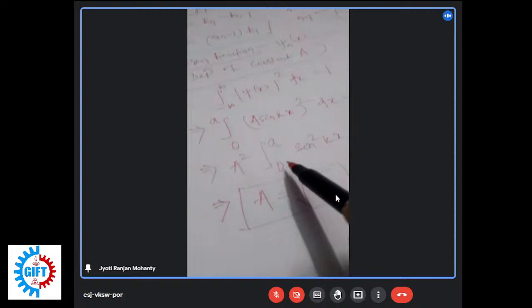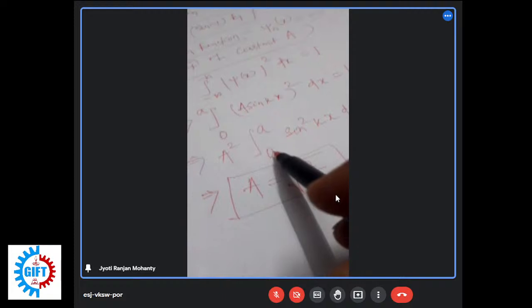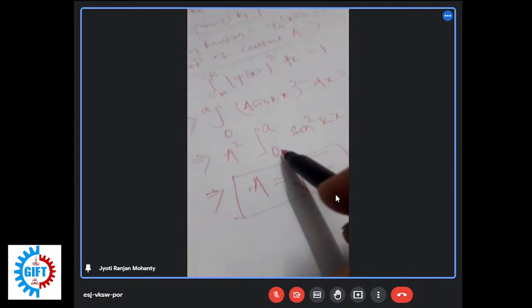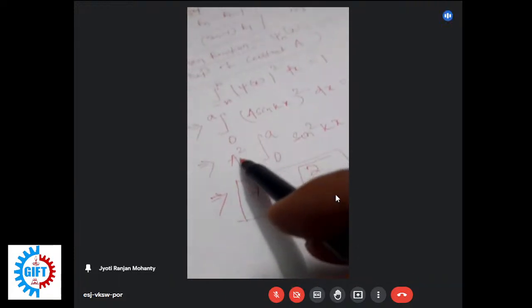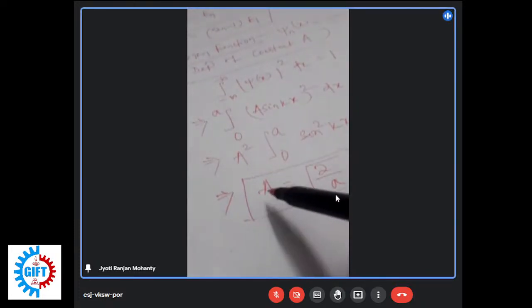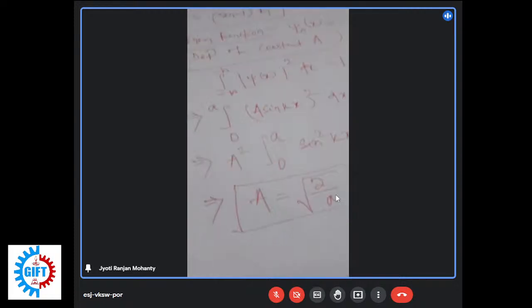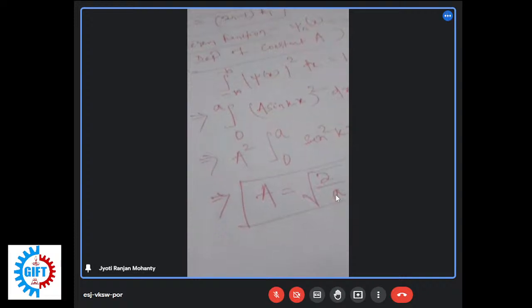Everybody, how many steps did I tell you to leave? 8. You leave 8 steps, and on the 9th step I can find capital A is equal to 2 by a under root.